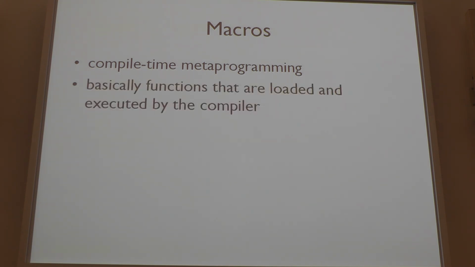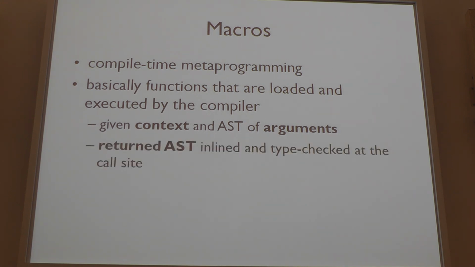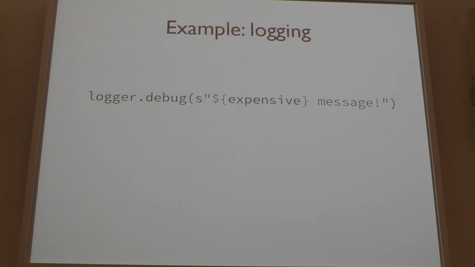They are actually functions that are called by the compiler at compile time, and they are given a context and the abstract syntax tree of their arguments. And they do something, they generate another abstract syntax tree, which is inlined at the call site. And it's also type checked, so everything is statically checked.